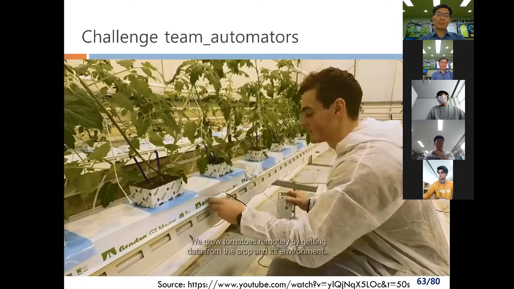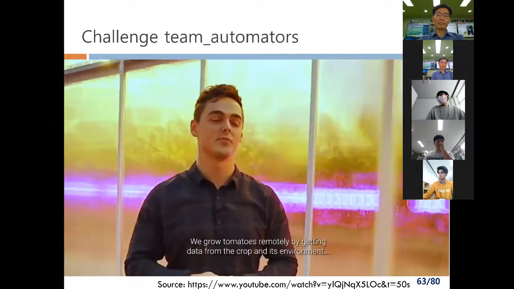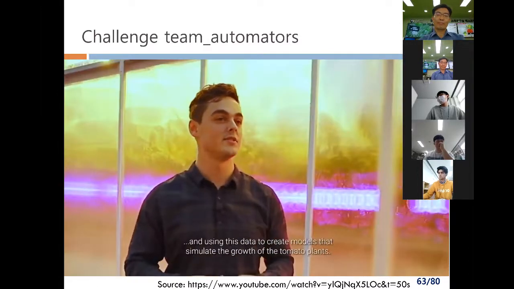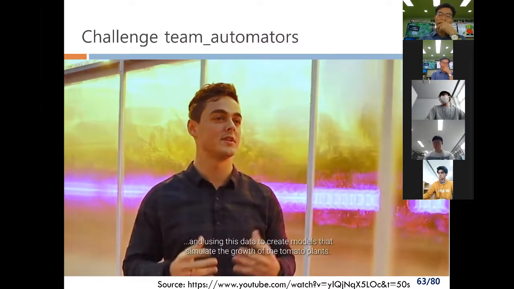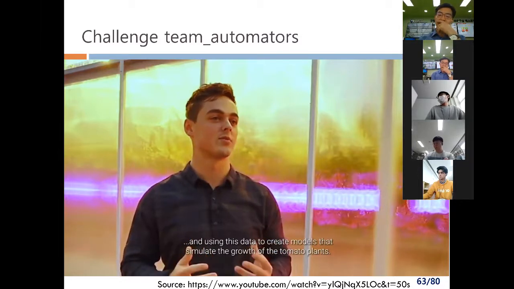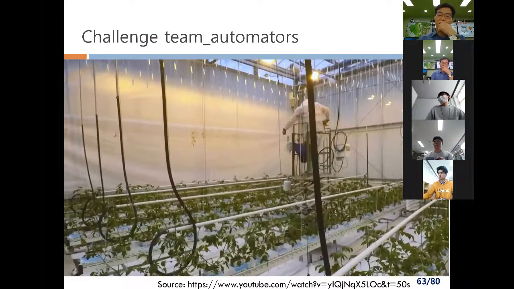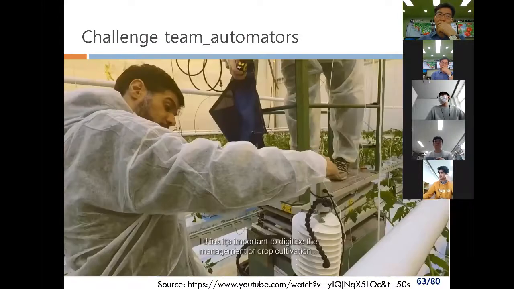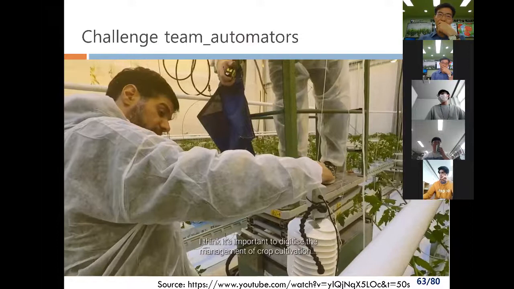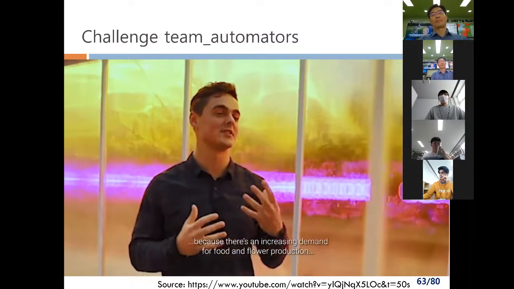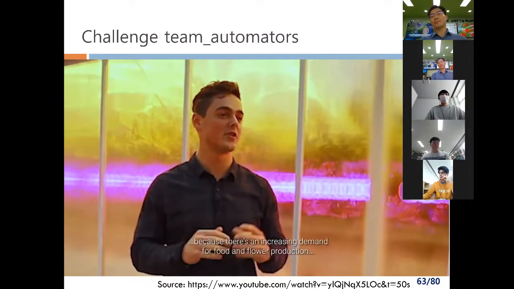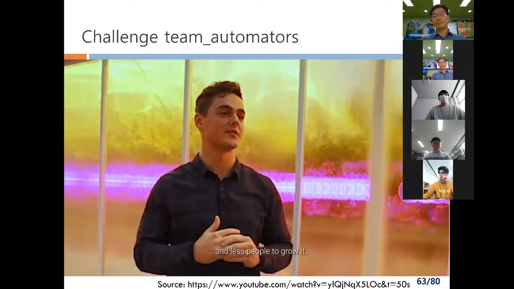We grow tomatoes remotely by getting data from the crop and its environment and using this data to create models to simulate the growth of the tomato plants. I think it's important to digitize the management of crop cultivation because there's an increasing demand for food and flower production and less people to grow it.